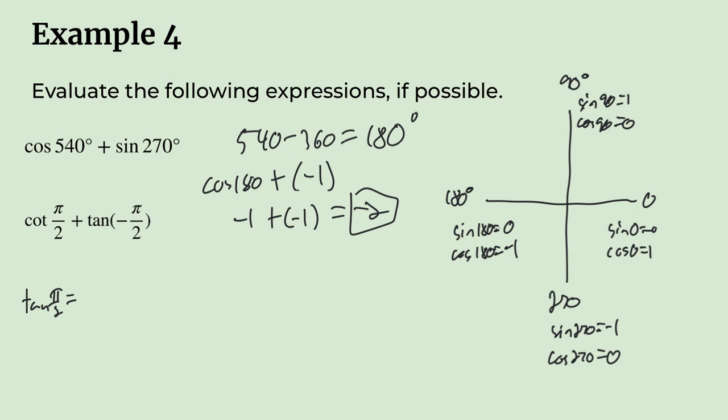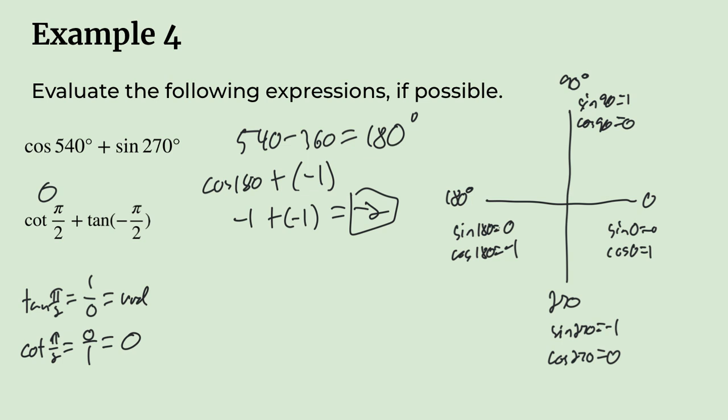So for pi over 2, which is 90 degrees, that would be 1 over 0, which is undefined. So then for cotangent, that would be 0 over 1, which is equal to 0. So cotangent of pi over 2 is equal to 0.